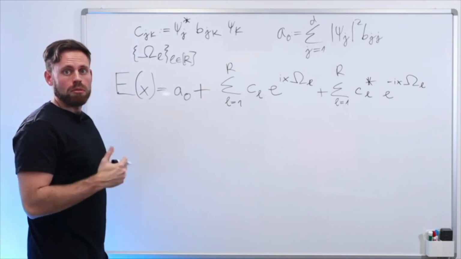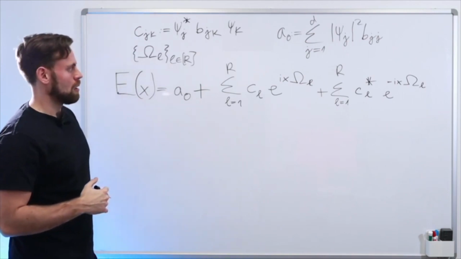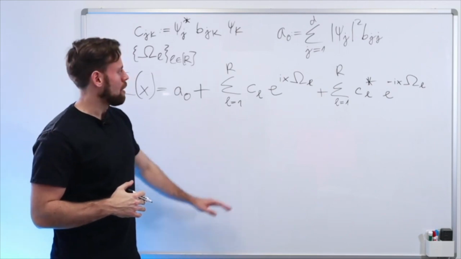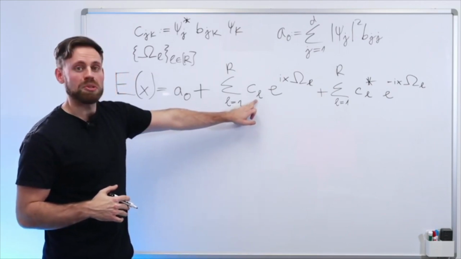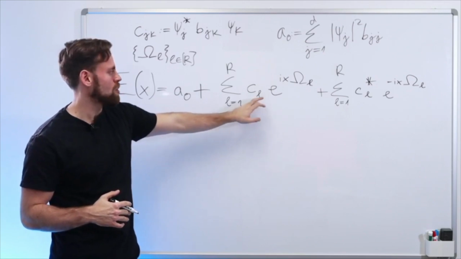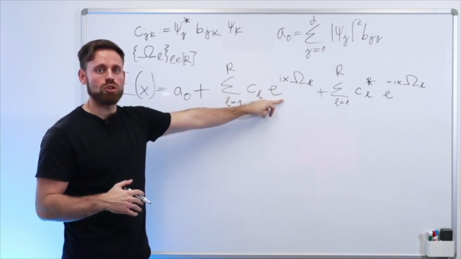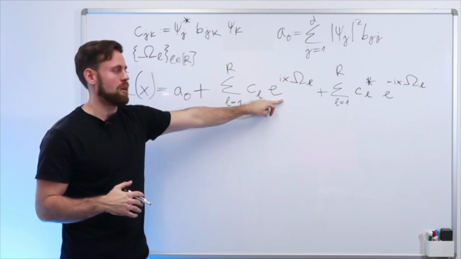At this point, to derive the last bit of the Fourier series representation, there will be two components required. First, we will be switching from the CL coefficients to some AL and BL coefficients, as well as switching from the exponentiation terms to some trigonometric expressions.